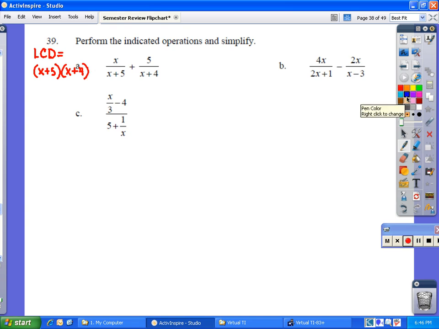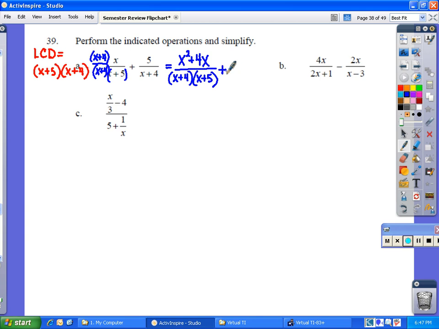Therefore, we need to multiply the denominator by x plus 4 so that it has the complete denominator, but if we do that, we also need to multiply the numerator by x plus 4. Doing that gives us x squared plus 4x on top and our LCD on the bottom.